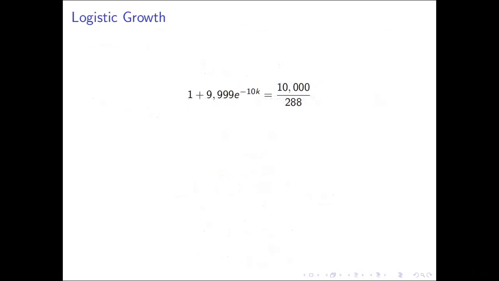By cross multiplication, we have this equivalent equation, in which we can isolate k, and thus getting e to the negative 10k approximately equal to 0.00337. Just transpose 1, then divide by 9,999 and approximate to the number of decimal places required.